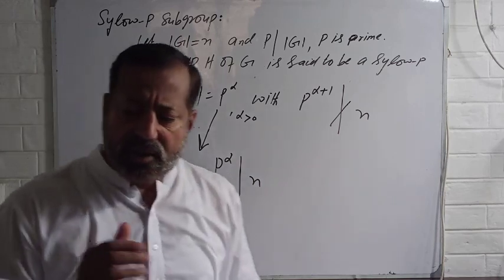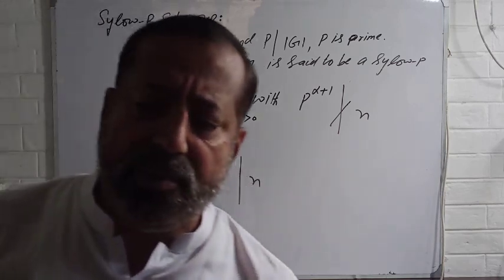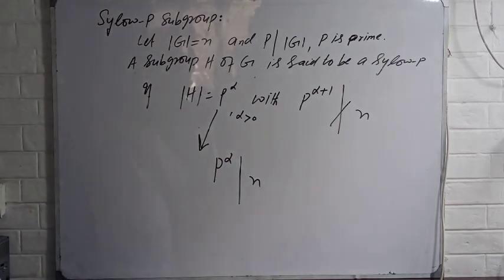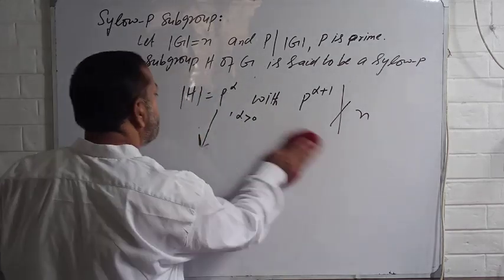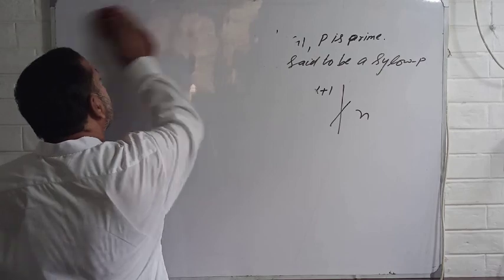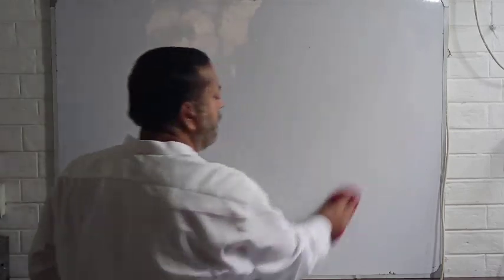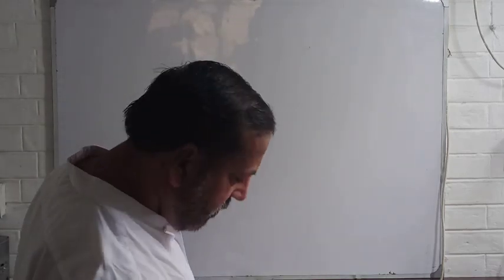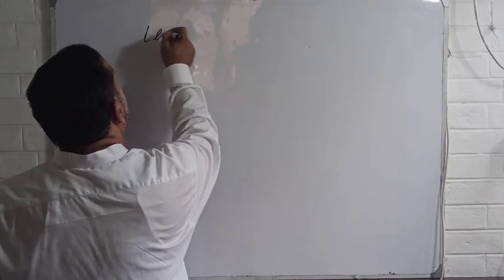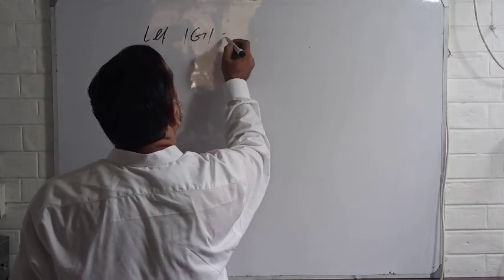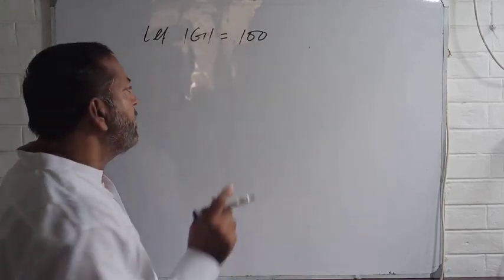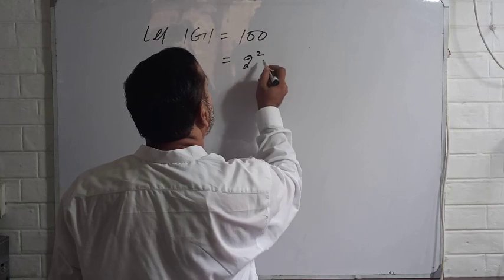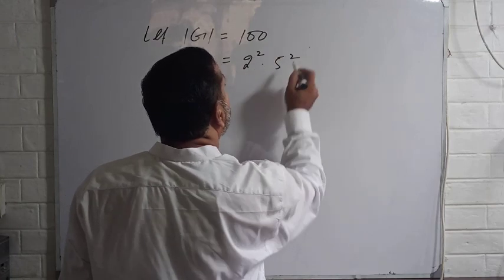Okay, so let's check with the help of some particular example about Sylow-p subgroup. Let order of G be equal to 100, then you know that we can write 100 as 2 square into 5 square.